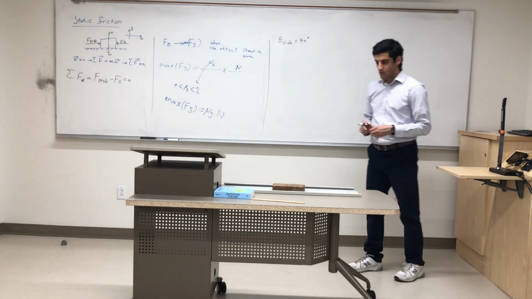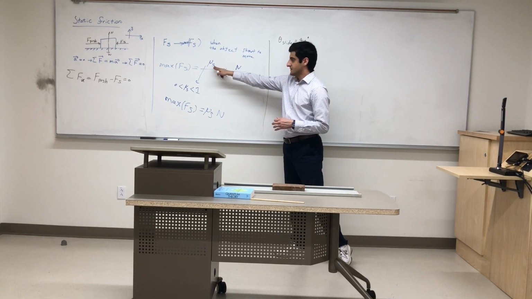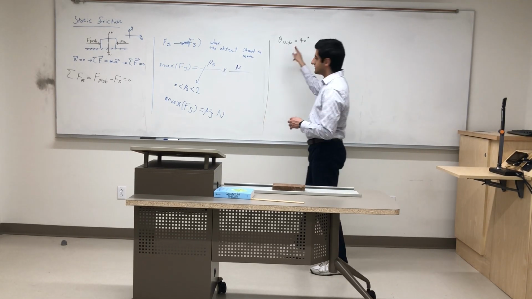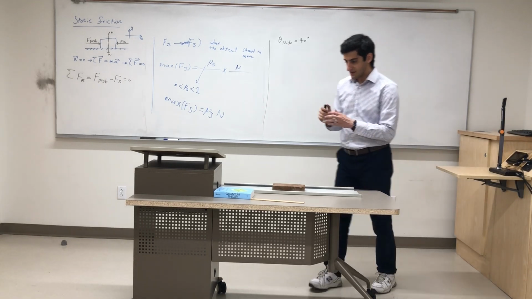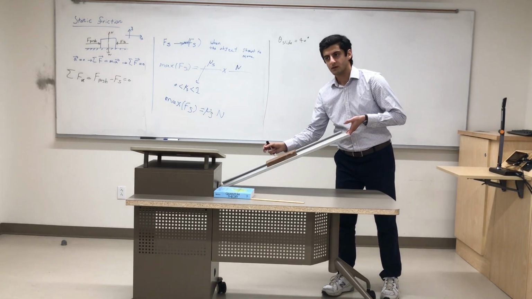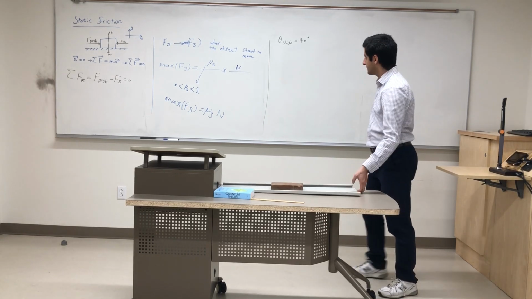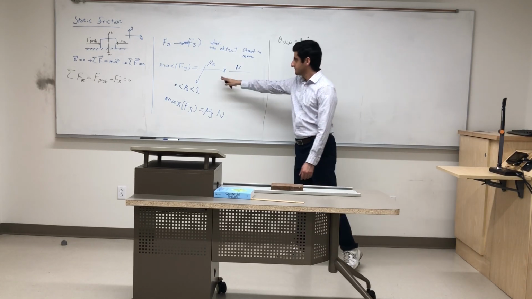Okay. I want to know, can I calculate the static friction coefficient knowing this angle or not? This angle is special because if I increase it by a little bit more, the object starts to move. So for this angle, I have maximum static friction force. Okay?